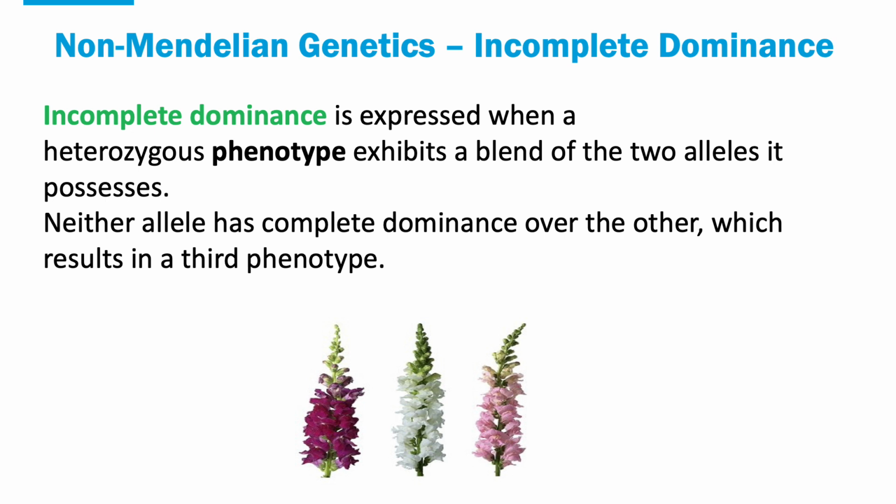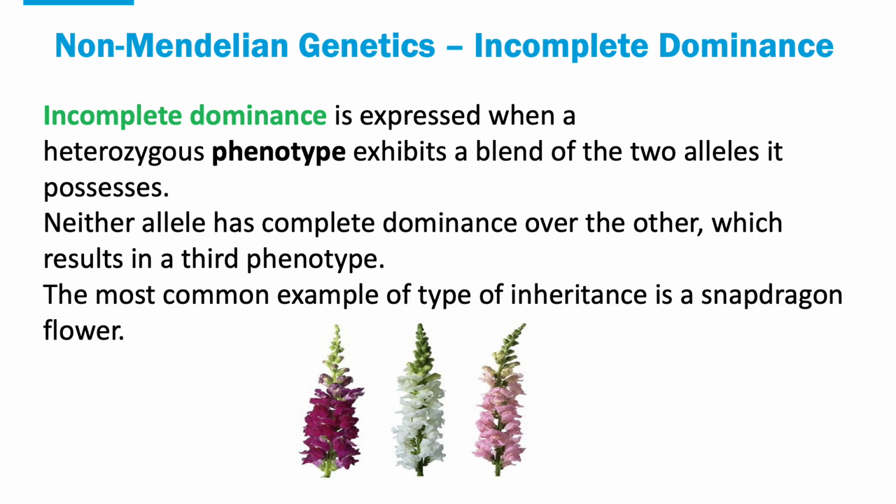Remember, phenotype is physically what we're able to see. The most common example is the inheritance in a snapdragon flower, looking at the colors. Notice we have a red snapdragon, a white snapdragon, and then a pink snapdragon.